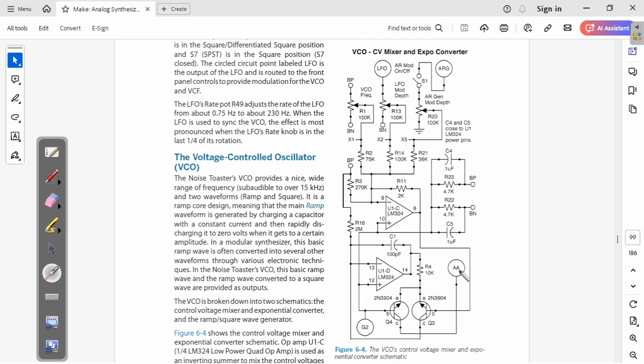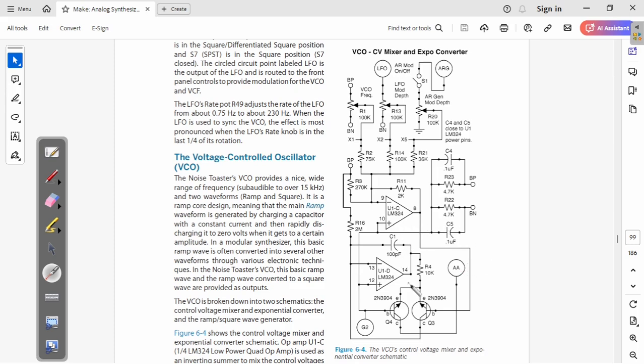So the current is going to double here, and it means that the frequency of the VCO is also going to double. If you add another 18, the current is going to double, the frequency is going to double. So here you add 18 millivolts, so it's like a linear change. And here you get a doubling, so it's like an exponential change. That's why it's called an exponential converter.